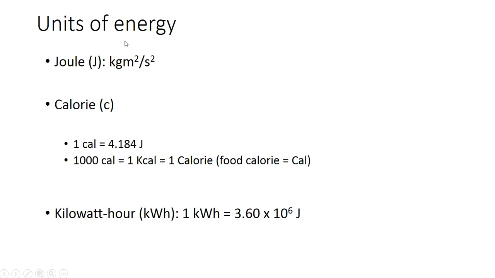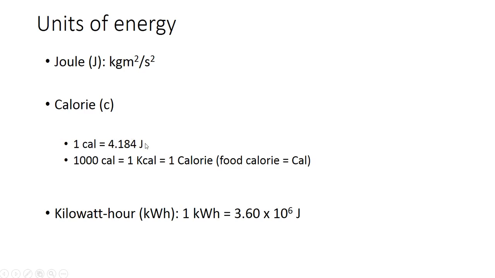That's why we have these units. But for now, we are not going to worry much about these units. We'll just worry about the unit joule. Then we have another unit that we use a lot in the US. It is a calorie, with a small c.